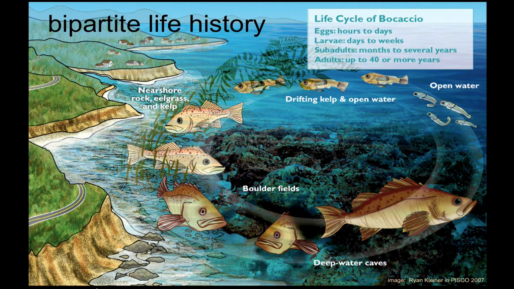How many competitors are there? How many cracks in the rock exist where this guy can go in and hide? Reef-based processes, local-based processes. What's going to influence where the little dispersing individuals go? Currents, oceanographic patterns, stuff like that, right? So we have these bipartite life history dynamics in the ocean.